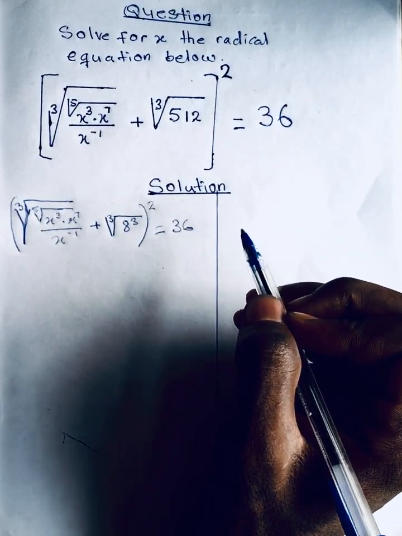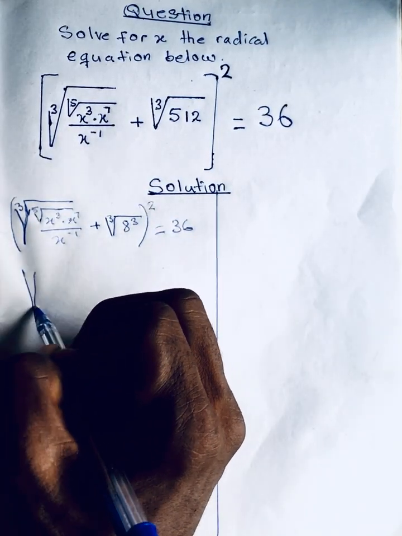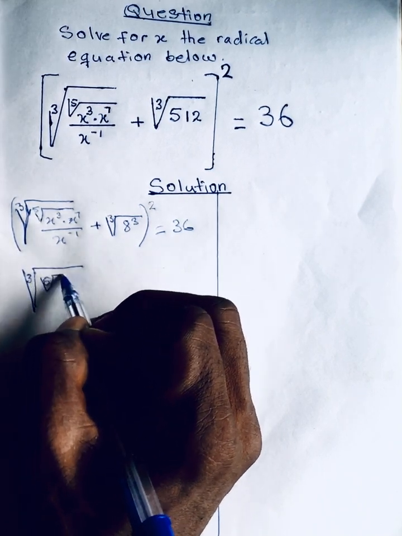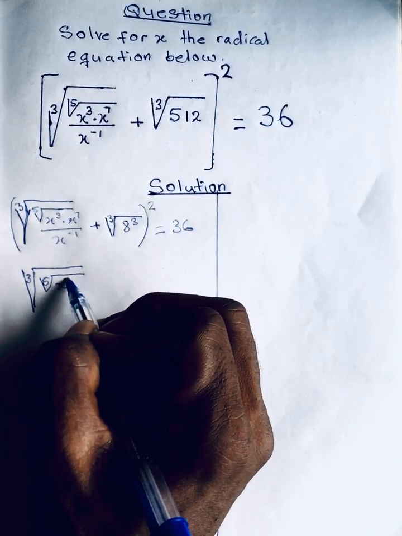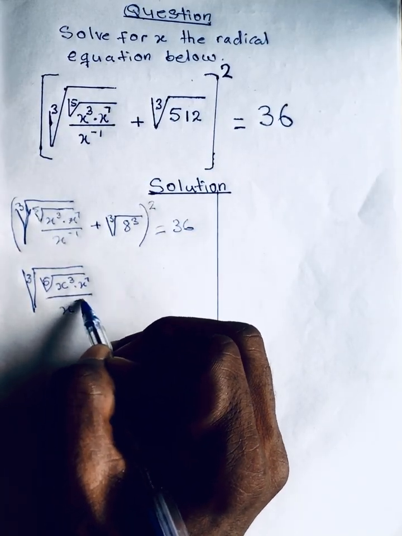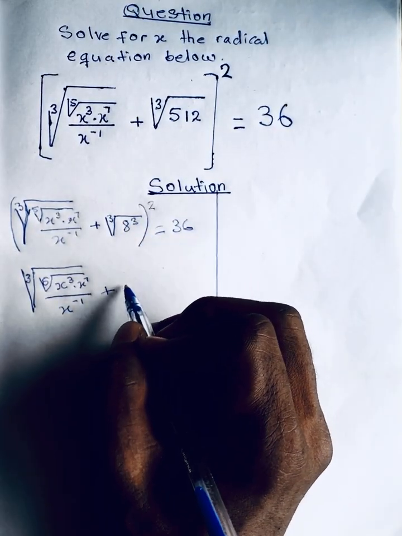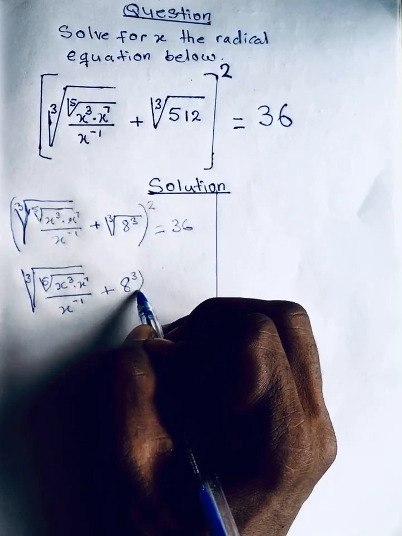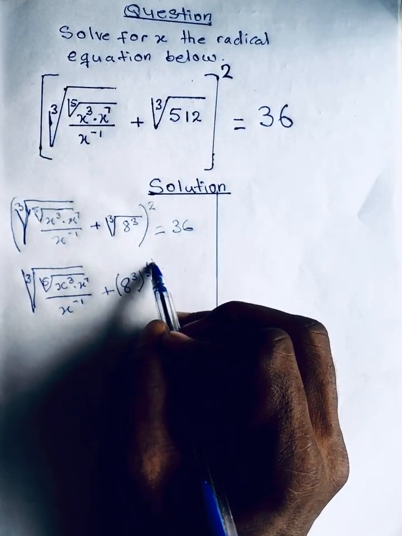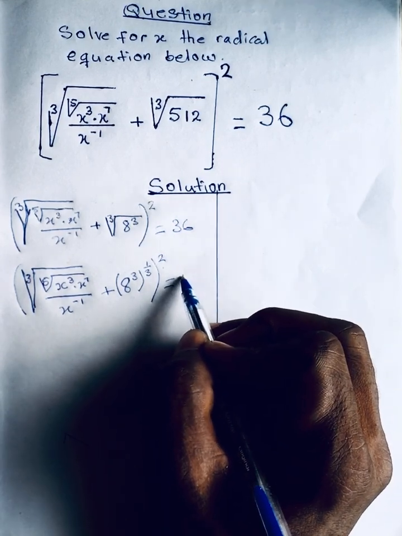So the next step, we are going to repeat this one and simplify this aspect to be the cube root of the fifth root of x cubed times x to the power of 7 all over x to the power of -1, plus 8 cubed to the power of 1 over 3, all squared. This will give us 36.